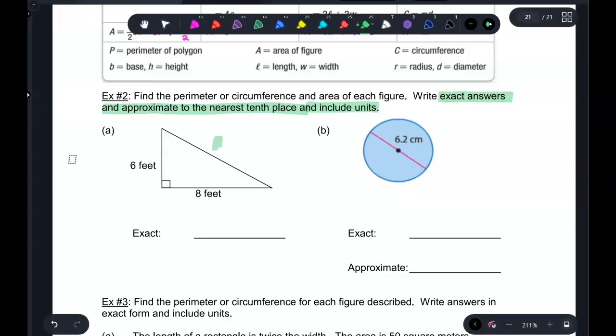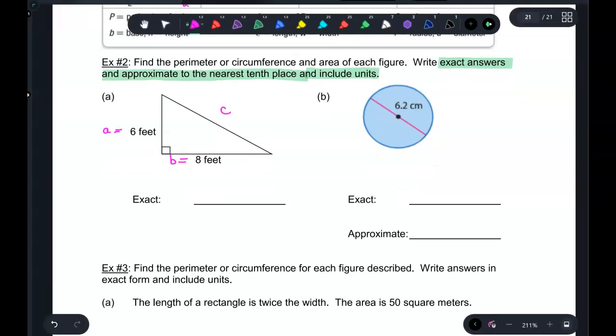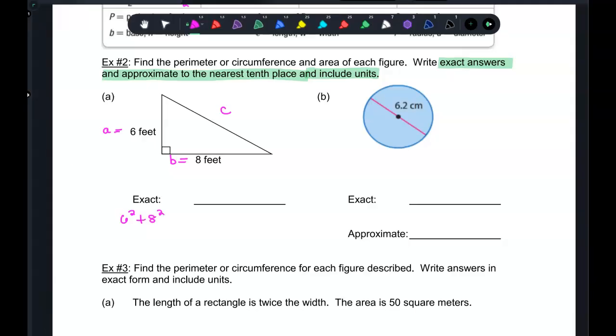I'm going to make this A and this B. Remember, A squared plus B squared equals C squared. It doesn't matter which one is A and B, but C has to be on the other side. Here we get 36 plus 64, which adds up to 100. So C equals 10.